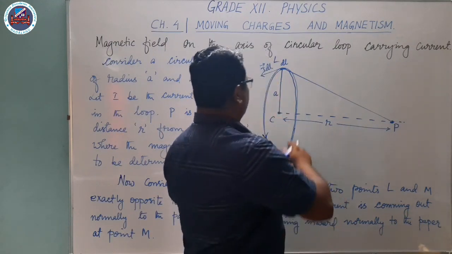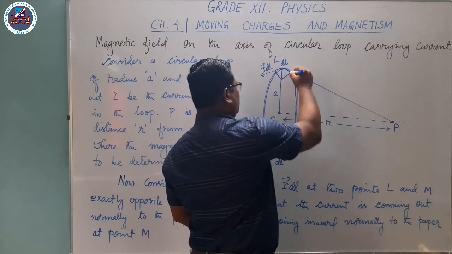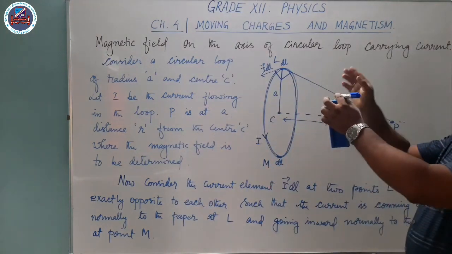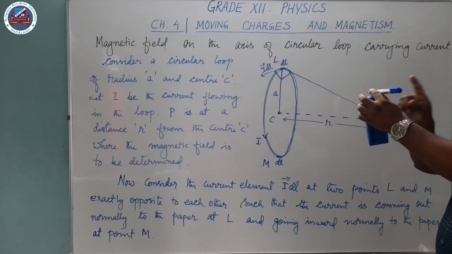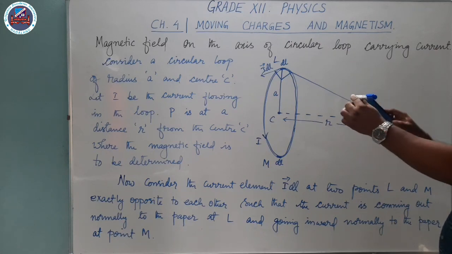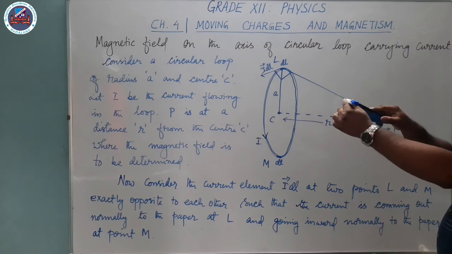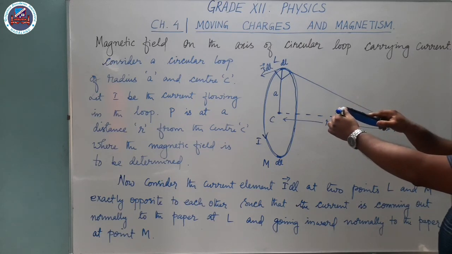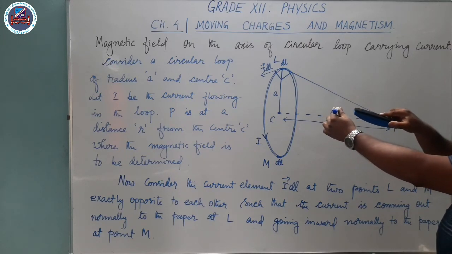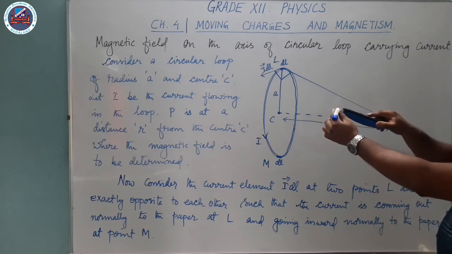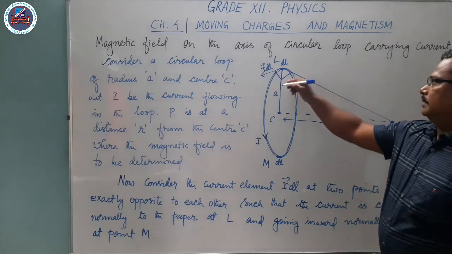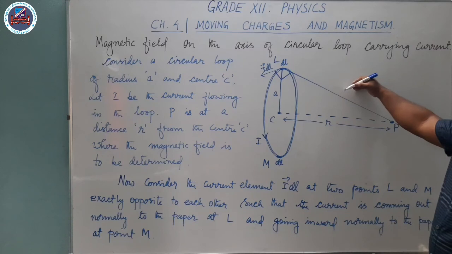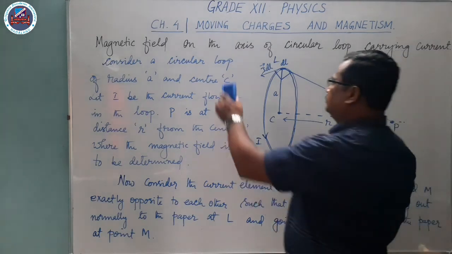Now, to use this, the angle is 90 degrees. It is coming out of the paper normally, and there is one line like this from L to P, so it is intersecting at an angle of 90 degrees. Here the angle is 90 degrees, this angle is 90 degrees. So this distance we have to find out first.